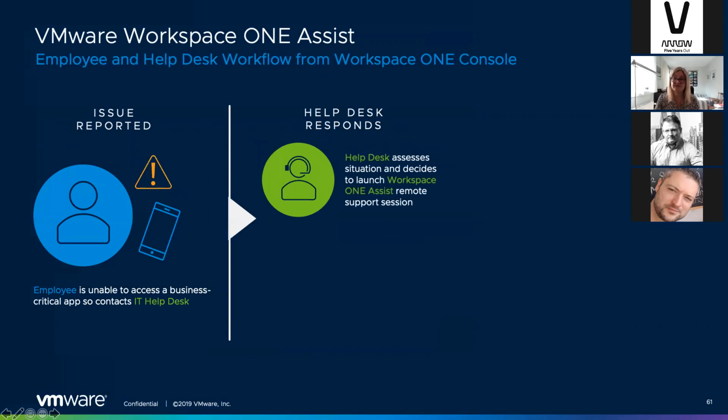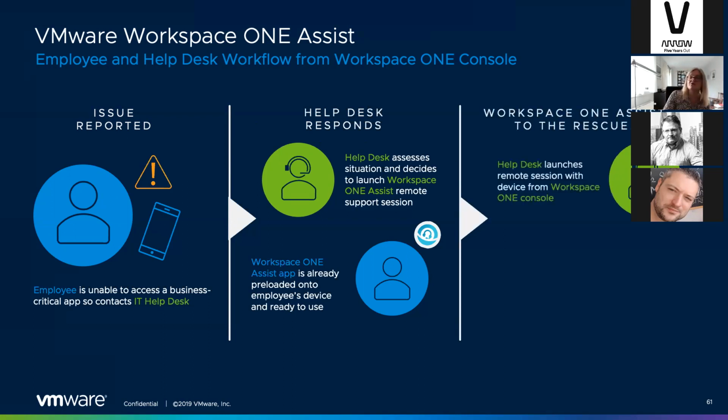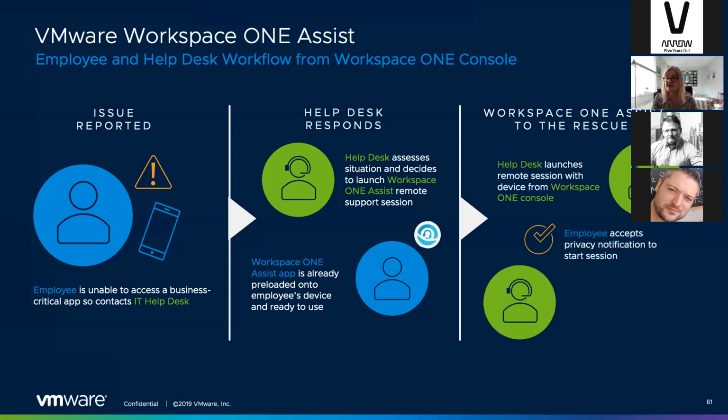The IT Help Desk responds, assesses the situation, and decides that they need to create a remote support session. The Workspace ONE Assist app is already preloaded onto the employee's device and ready to use. So through Workspace ONE Access, Help Desk launches a remote session with the device from the Workspace ONE console, and the employee accepts a privacy notification to start the session.